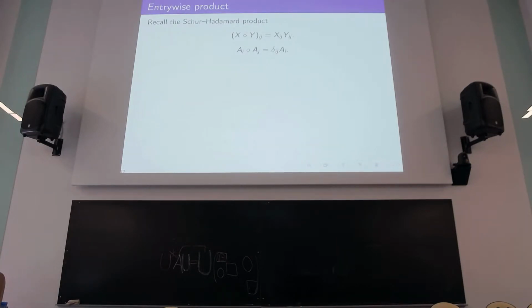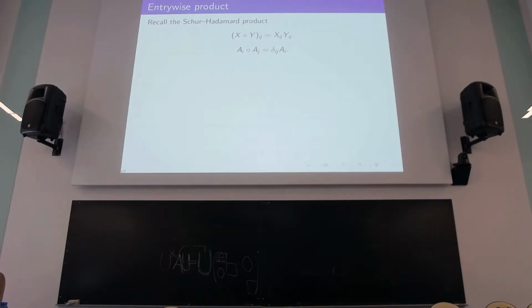But the entry-wise product reminds us of another operation which I defined earlier, called the Schur-Hadamard product of matrices. It is just the entry-wise product of matrices. So if X and Y are matrices of the same size, you just multiply entry by entry, and that is denoted by X circle Y, not the ordinary product.